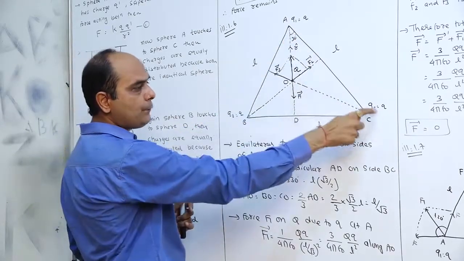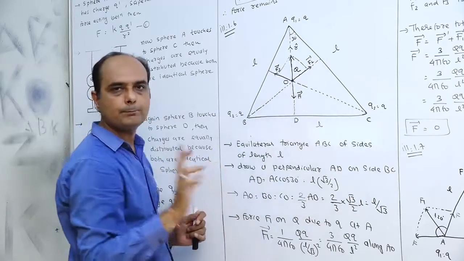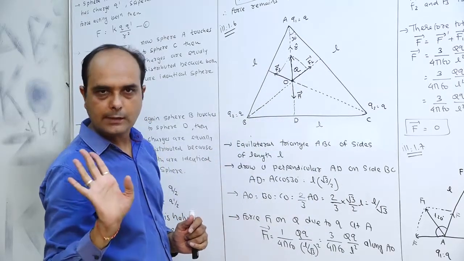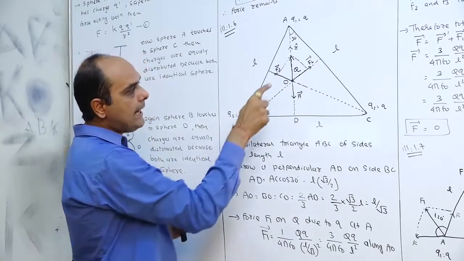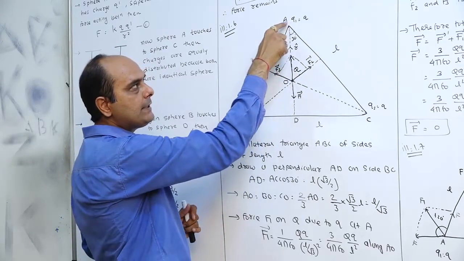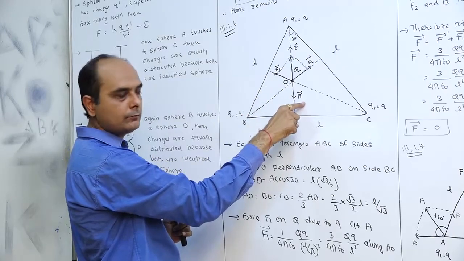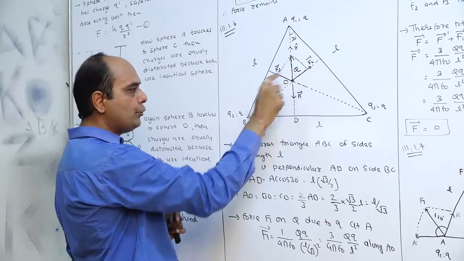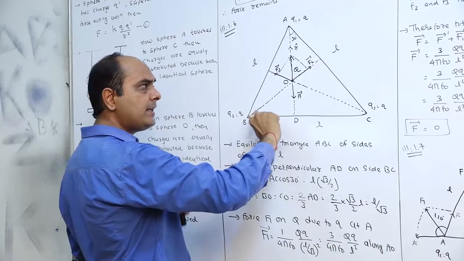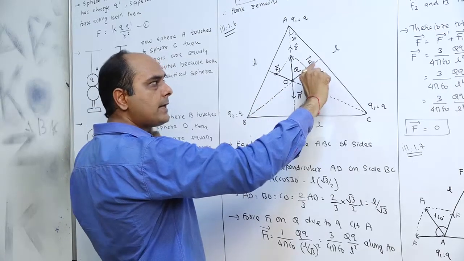Everywhere there are positive charges, so repulsive forces act between them. The force acting on Q due to A is repulsive, in the downward direction, called F1. The force due to B is repulsive in this direction, called F2.